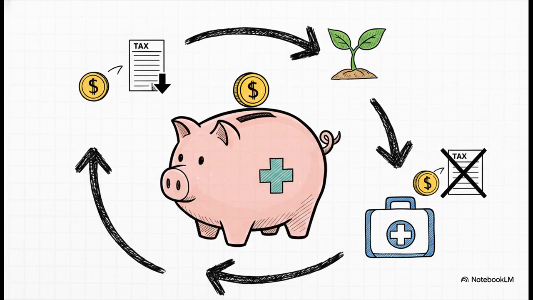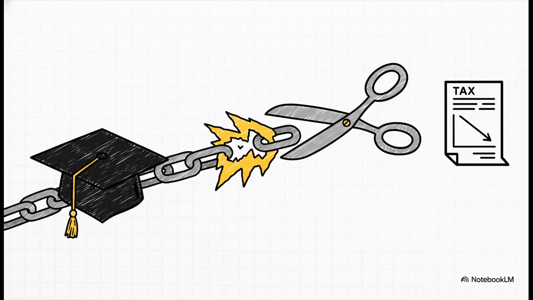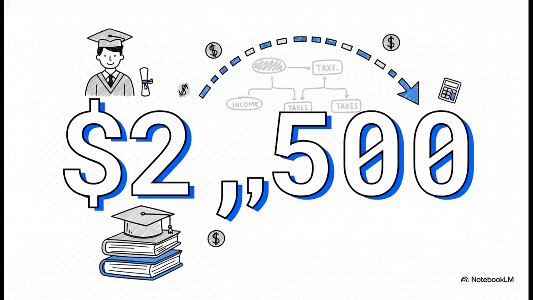It's a win-win-win. And you know, for the millions of us paying off student loans, there is some relief here too. That interest you pay on qualified student loans, you can deduct it as an adjustment to your income. That directly lowers your taxable income, which is a huge help. And here's that magic number. You can deduct up to $2,500 in student loan interest every year.